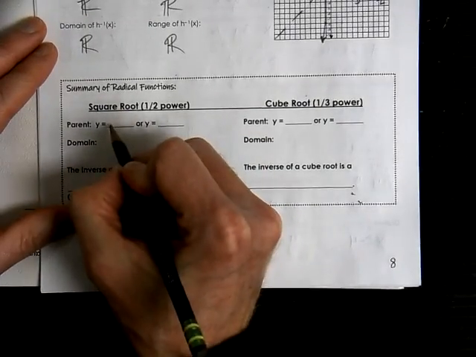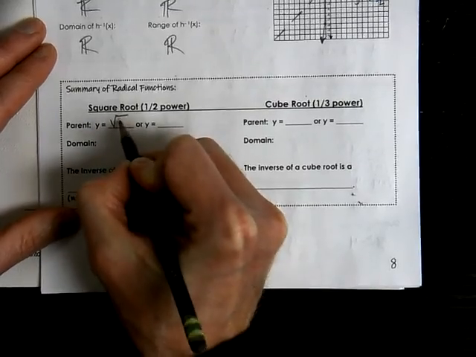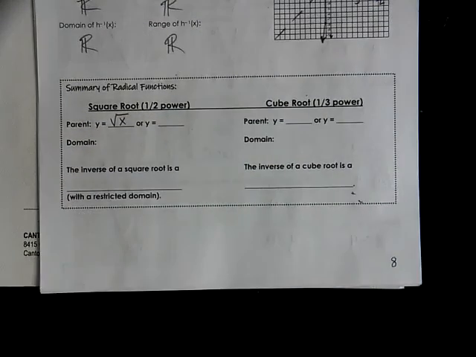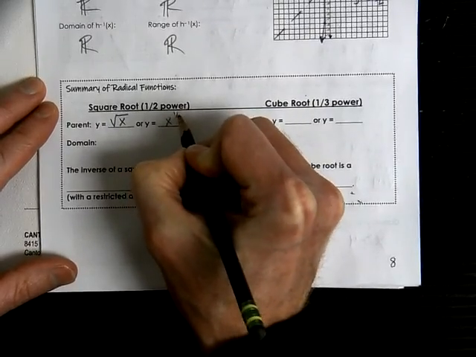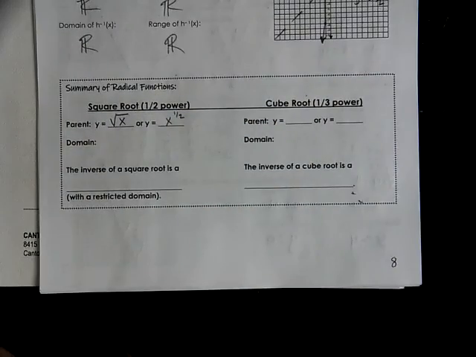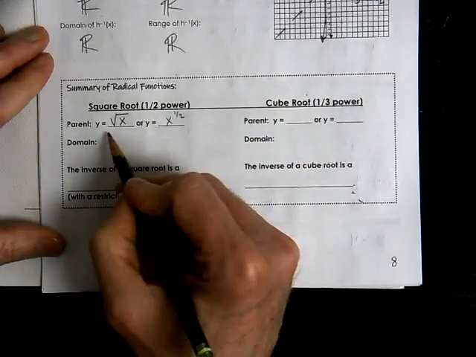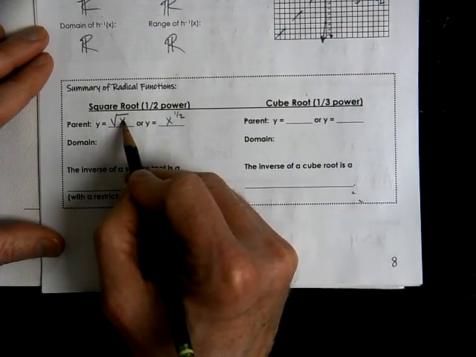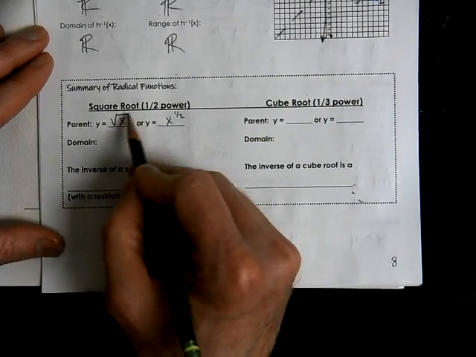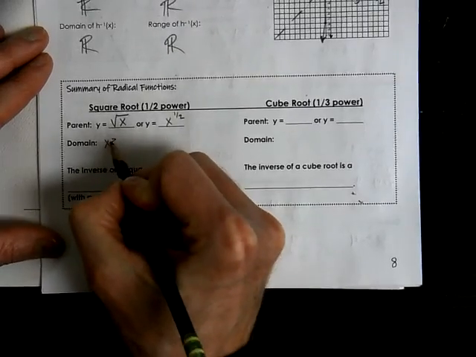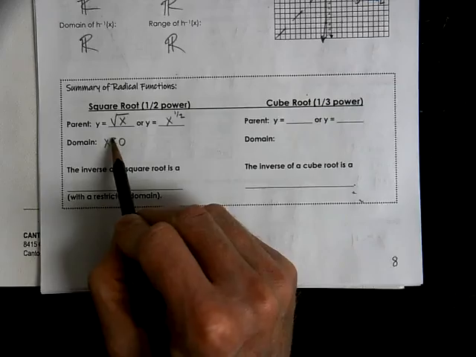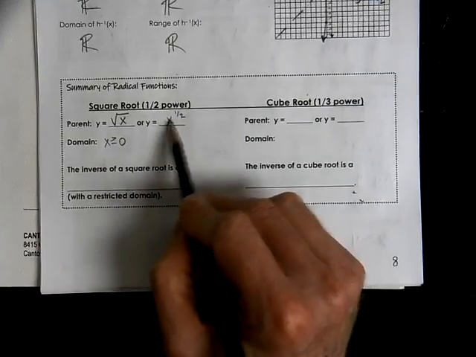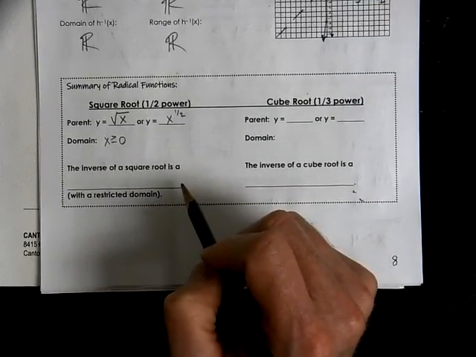We're talking about a square root. The most basic one is the square root of x. You could also talk about it as a power of a half. Your domain, what numbers you can plug in for x inside of a square root, are only the numbers greater than or equal to 0, regardless of which method we're using.